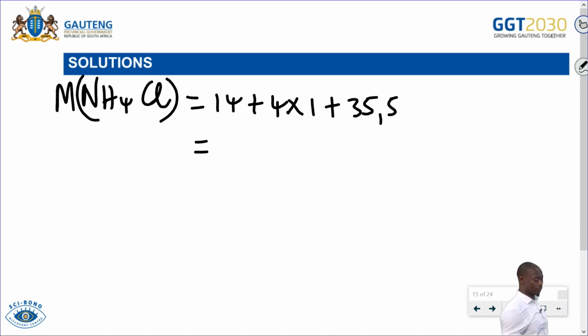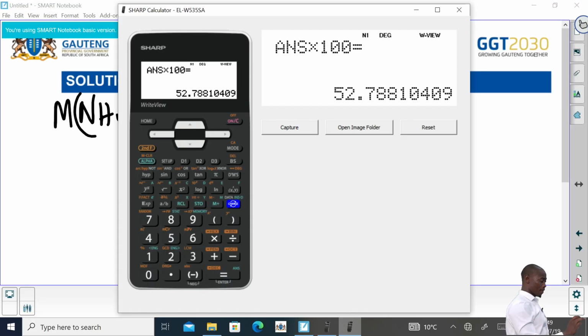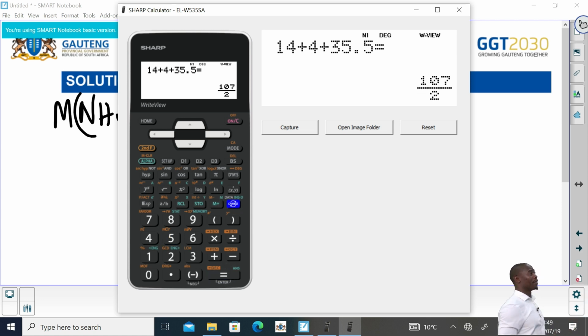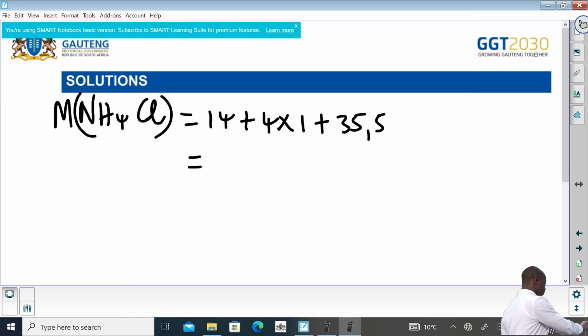So 14 plus 4 plus 35.5. What are we having there? It's 53.5. So that is the molar mass of ammonium chloride.